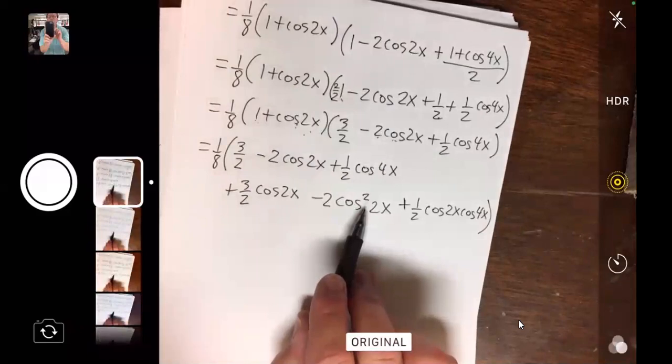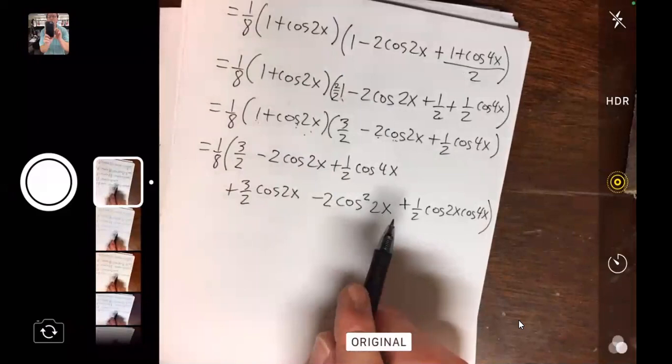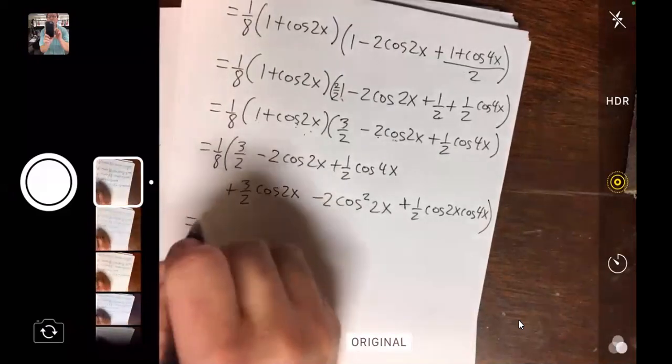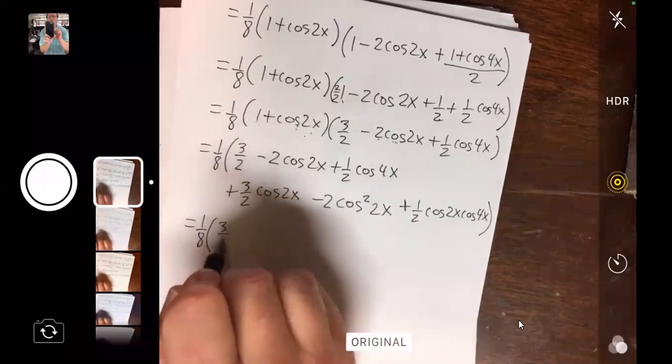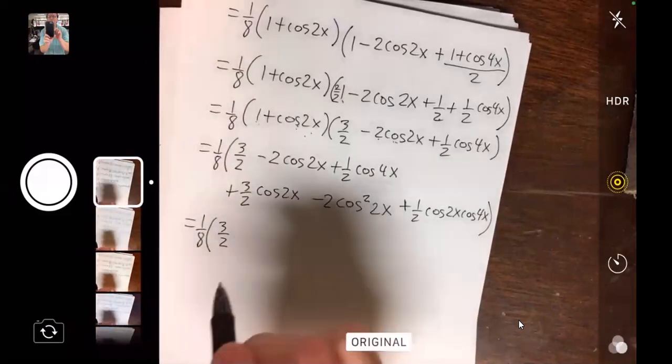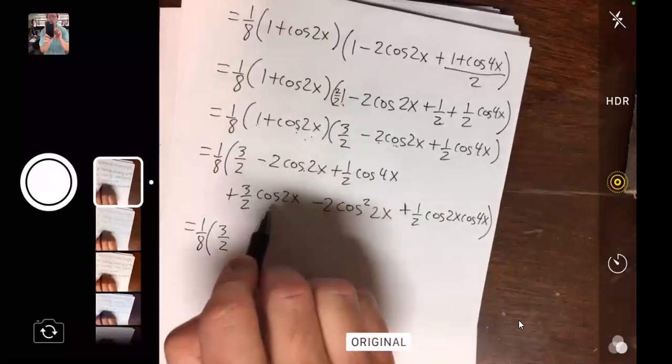I'm going to look for any like pieces here just to boil stuff down before I reduce this. Golly, these are projects. 1/8, 3/2. All right, you're going to have a -2 cosine of 2x, a positive 1.5 in effect, positive 3/2.